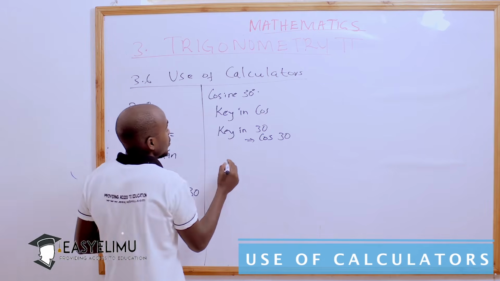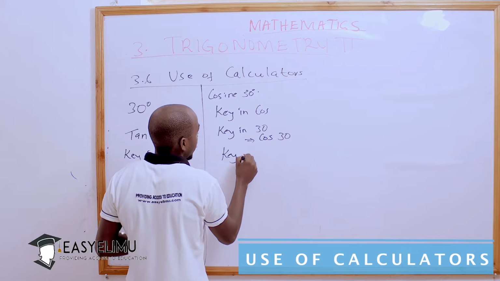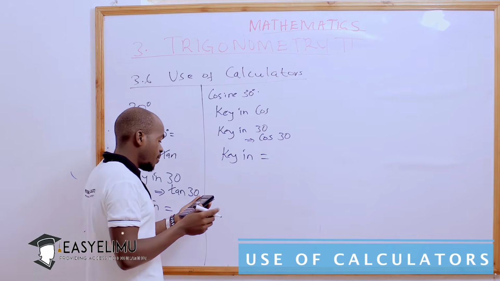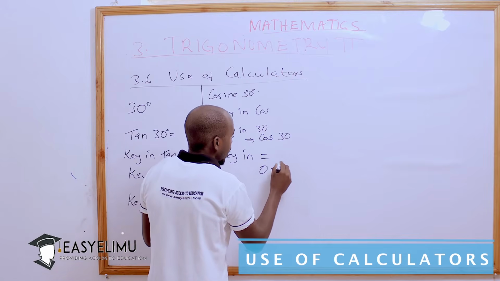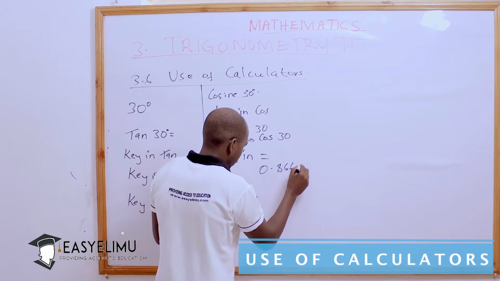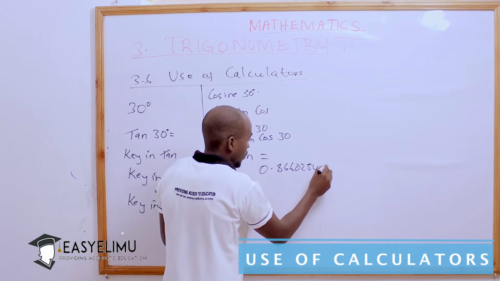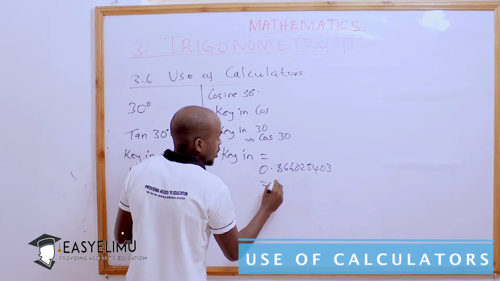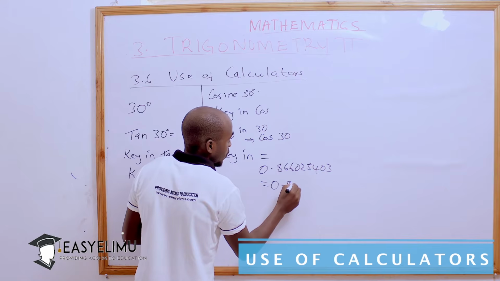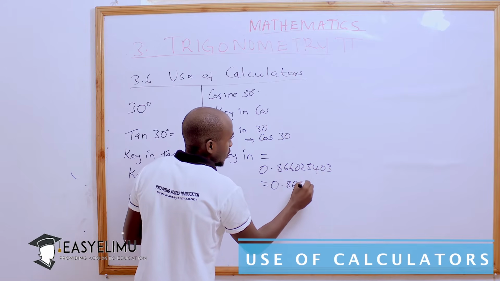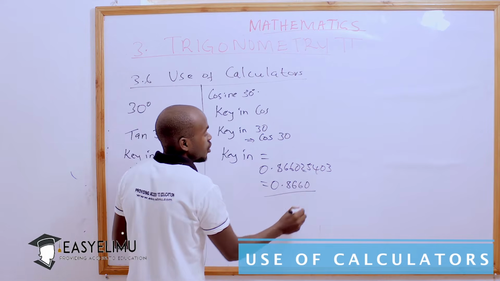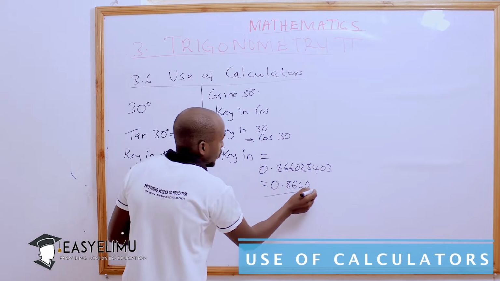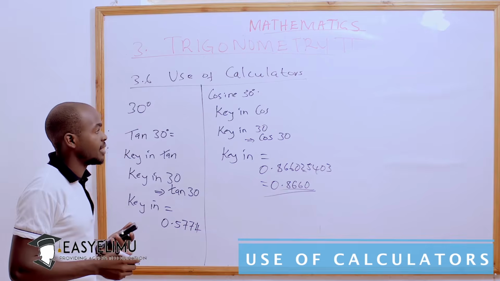After doing that, you key in the equal sign and the screen displays 0.866025403, but we need to round off to 4 decimal places, so it will be 0.8660 because the next digit is not greater than 5. So that is the cosine of 30.